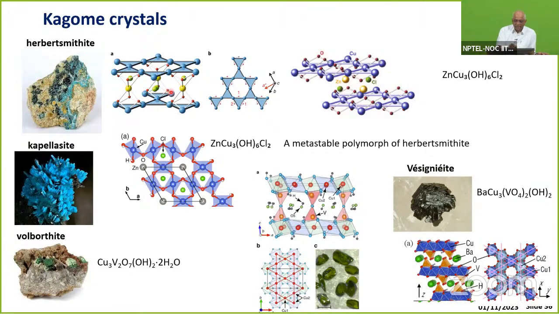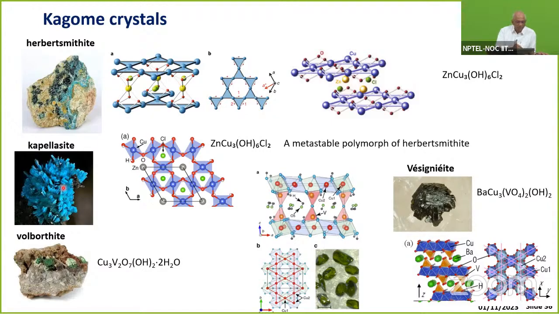But the beauty is this triangular formation of the structure, and this is the chemical compound. It's a zinc copper hydroxide with chlorine atoms. All of them are of a similar type, and here you can see another zinc copper hydroxyl compound. This was Kapellasite, and Kapella is the crystallographer who discovered this.